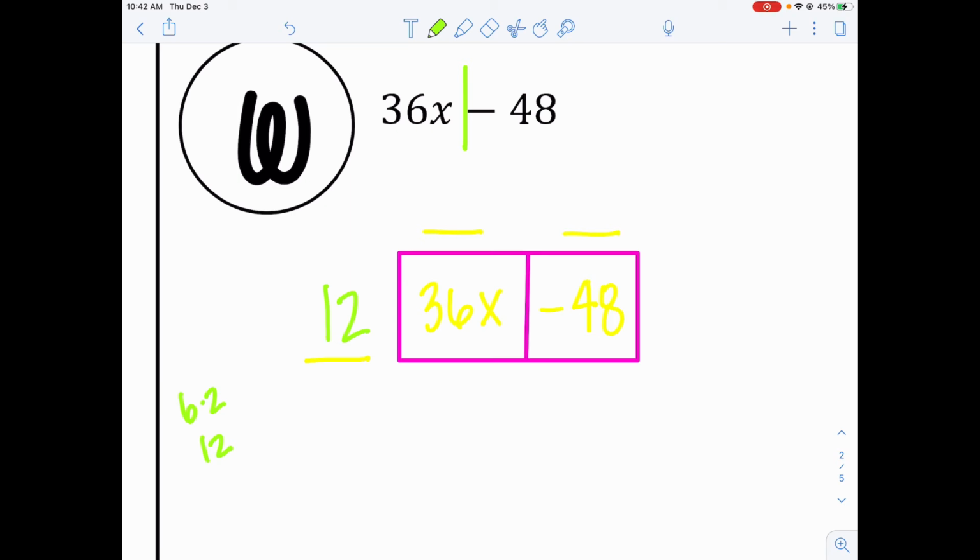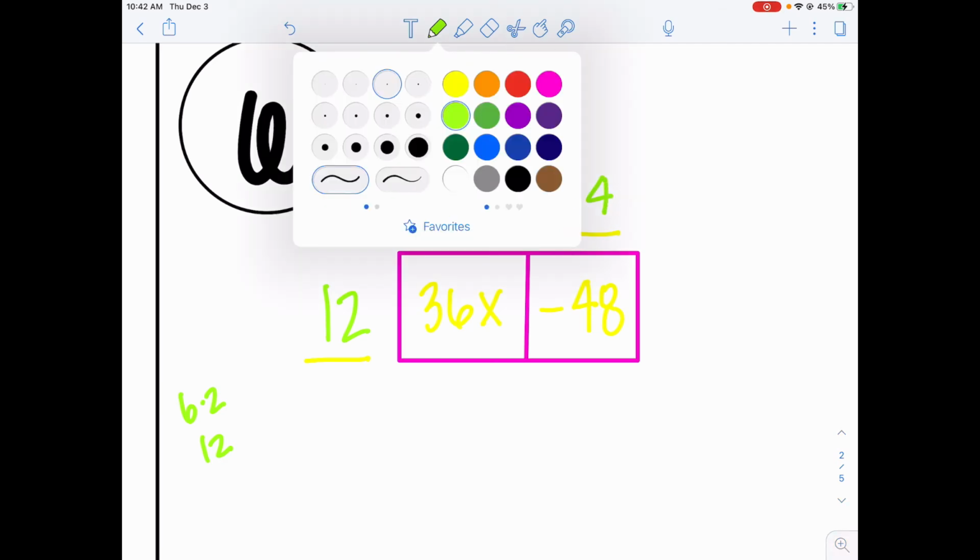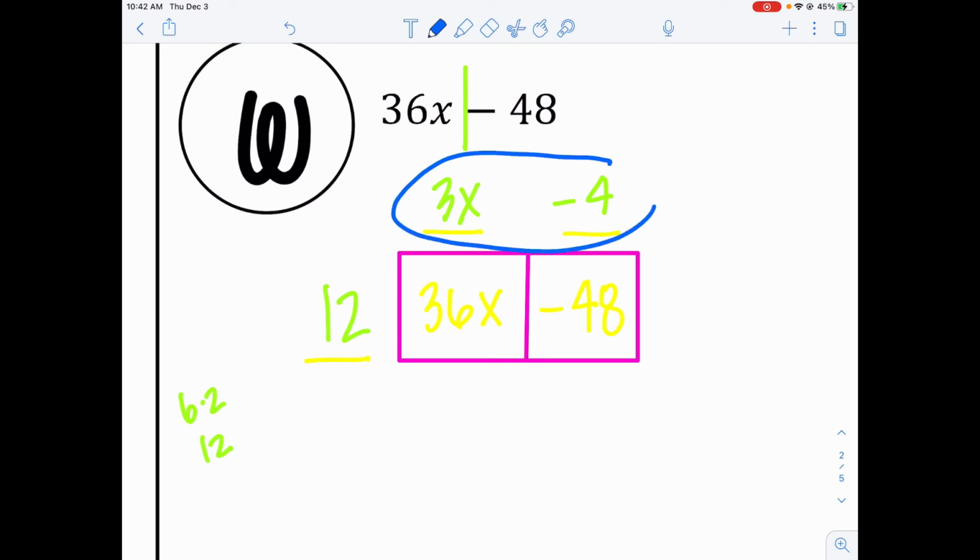Now, going back through my division, 36x divided by 12 leaves me with 3x. And a negative 48 divided by a positive 12, again, if you're not great with this, do it on a calculator, is a negative 4. You'll notice now that between 3x and the negative 4, there are no more numbers that I could pull out of them.